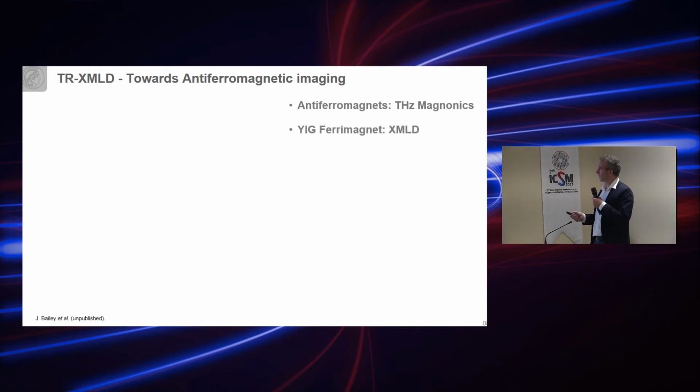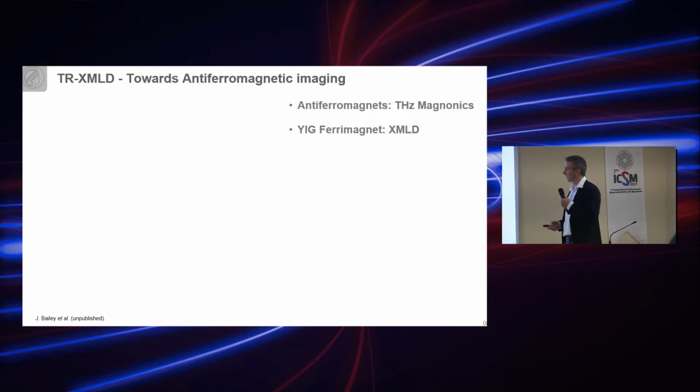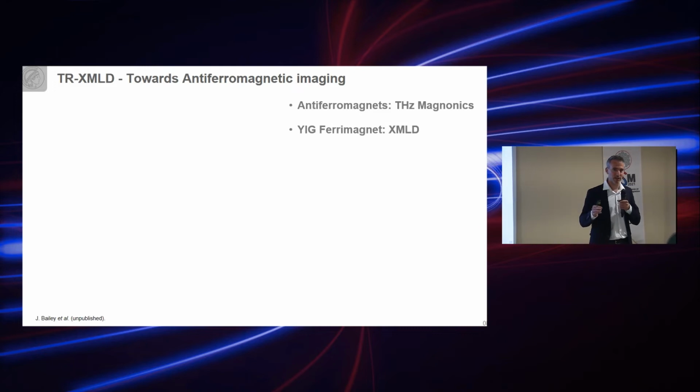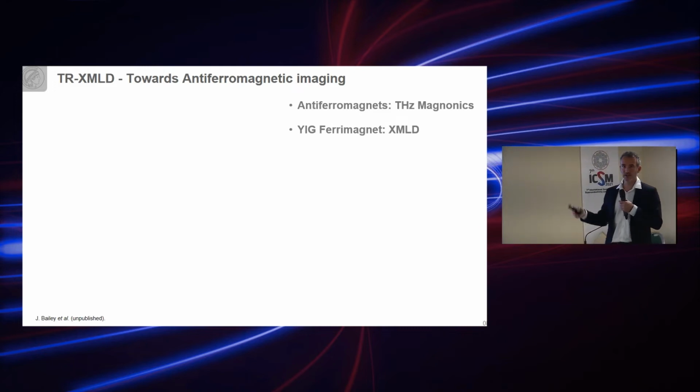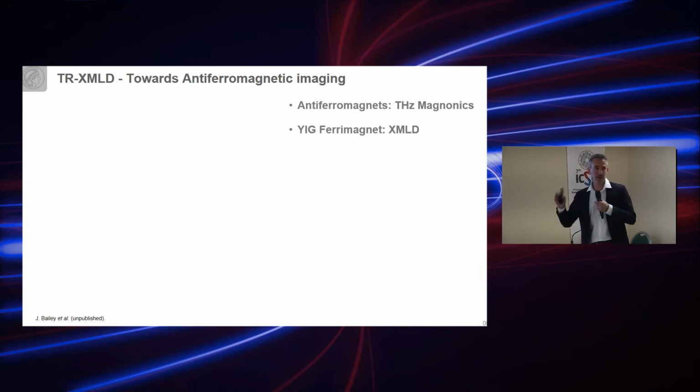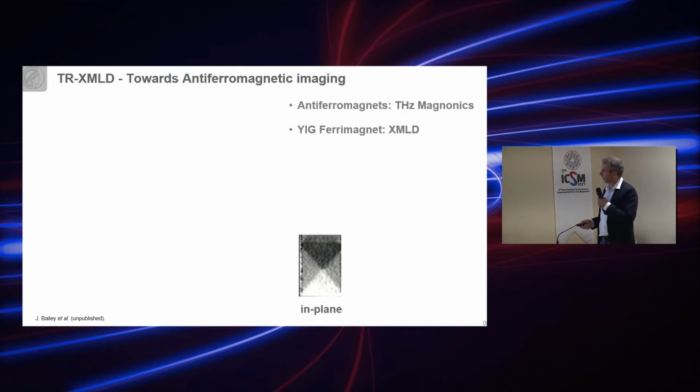But the example that I show you is not directly on a true antiferromagnet, but just shows the possibility of the technique. So we use again just normal YIG, which together with XMCD shows an XMLD effect that is quite strong. But first I show you the XMCD. We were making a lamella out of a piece of YIG, and it was forming multi-domain vortex states again.